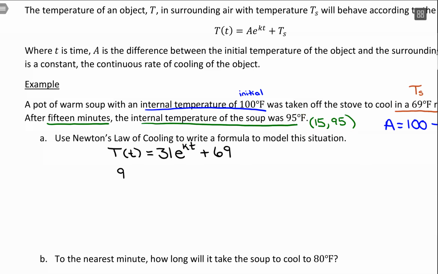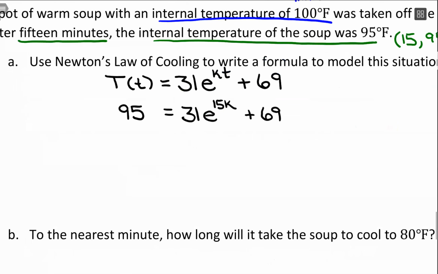So we have temperature of 95 equals 31e to the 15 times k, because we're plugging in 15 for t, plus 69. And now what we're going to do is go through this in order to solve for k. So I'm going to subtract 69 from both sides, which should give us 26 equals 31e to the 15k.